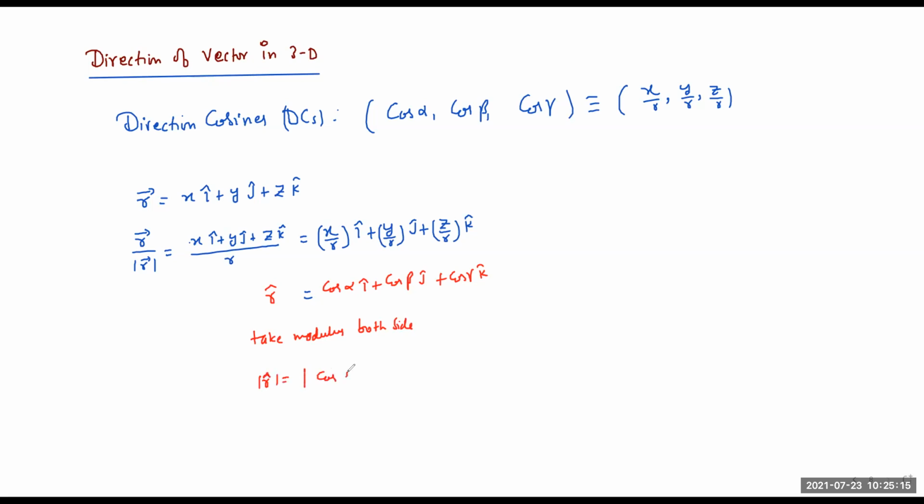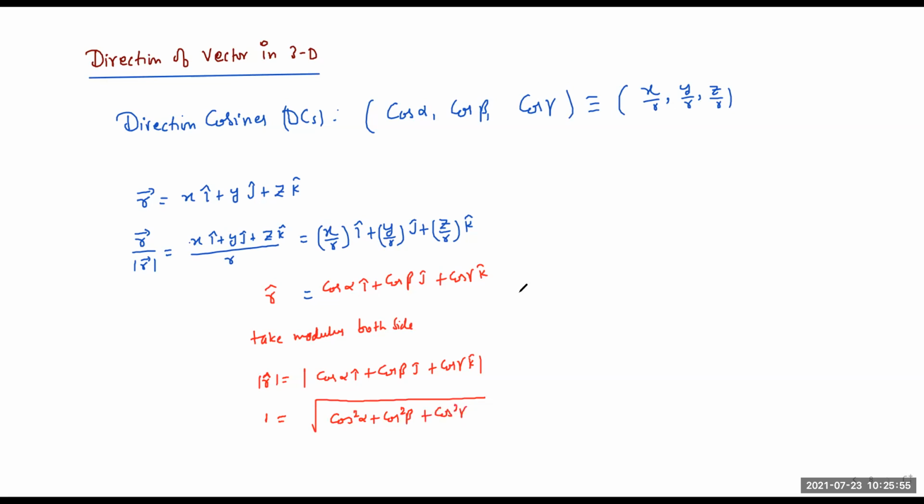Mod of cos alpha i cap plus cos beta j cap plus cos gamma k cap. What is the meaning of mod? Mod means the length. I'm asking the question, what is the length of the vector on the left and the vector on the right? On the left we know it's 1. But how to express the length of the vector on the right? We have just learned that if we have a vector expressed as something i, something j, something k, the length is the square root of cos square alpha plus cos square beta plus cos square gamma. Very good.